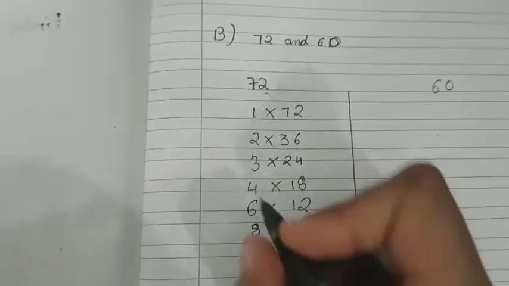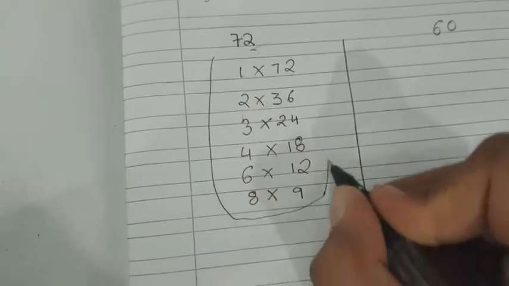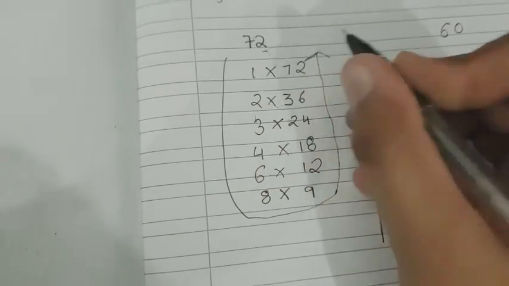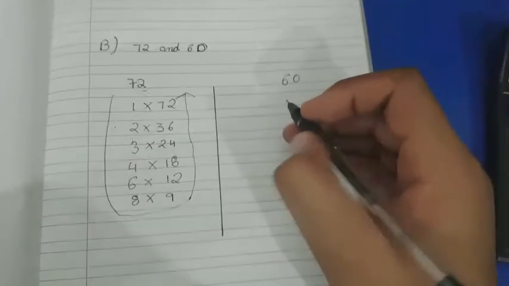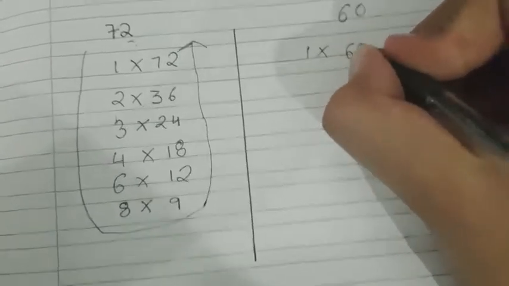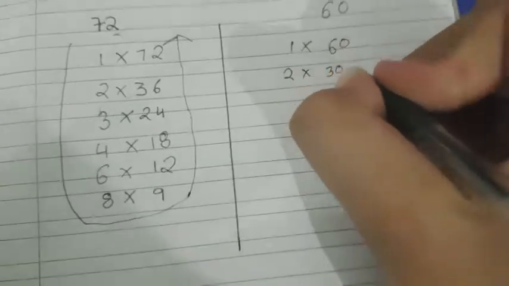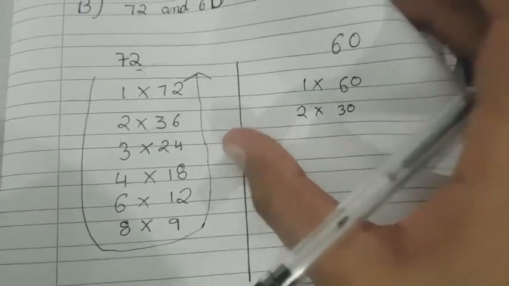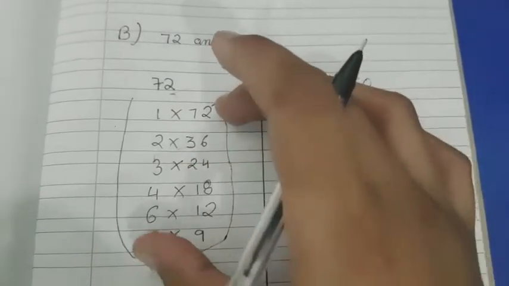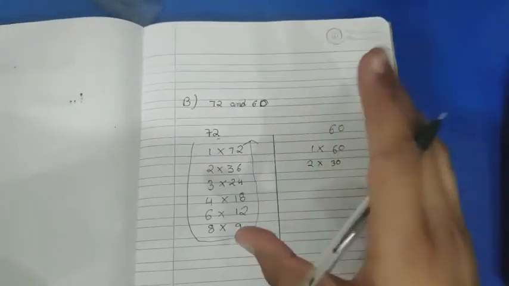So here we will make a U, and now we will write the factors of 60. Here 1 into 60, and then 2 into 30. Actually my handwriting is a little bit slanting because the phone is in front of me now.